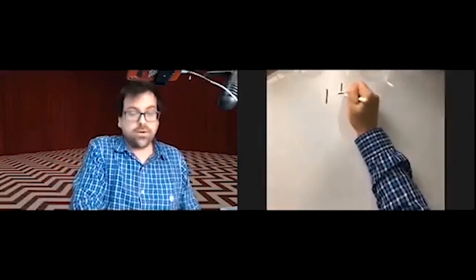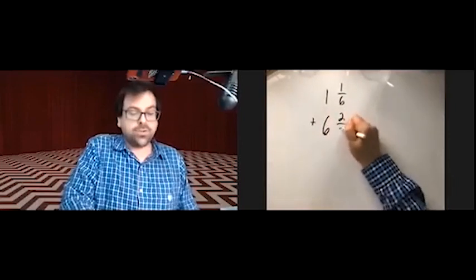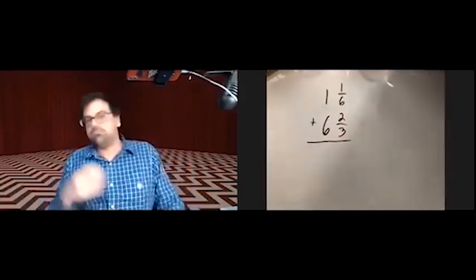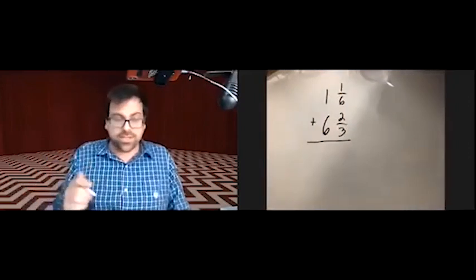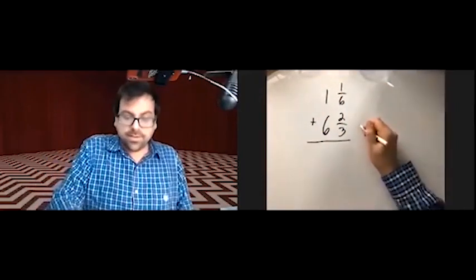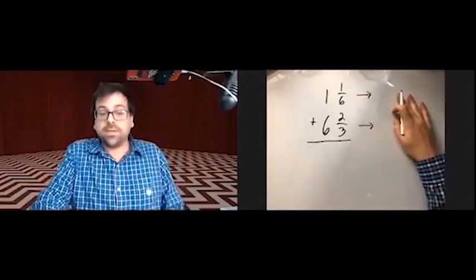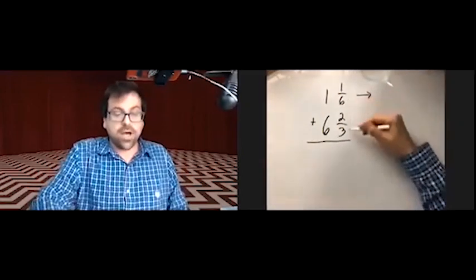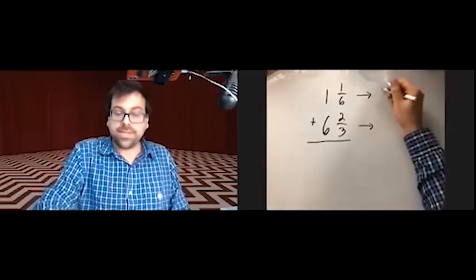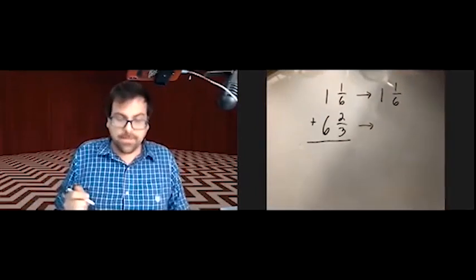1 1/6 plus 6 2/3. This is written vertically, no difference than if it's written horizontally. This actually just gives us space over here to get our common denominators. So the common denominator for 3 and 6 would be 6. So this one stays 1 1/6.